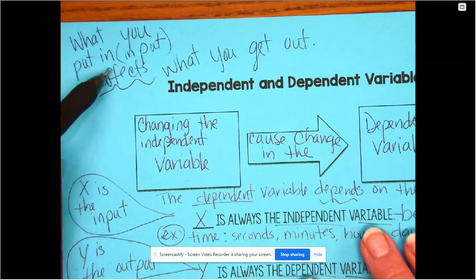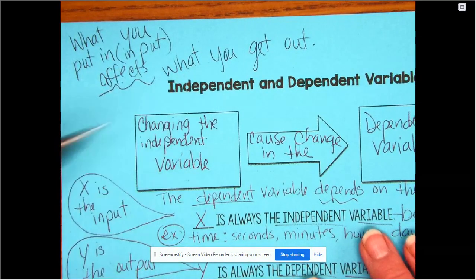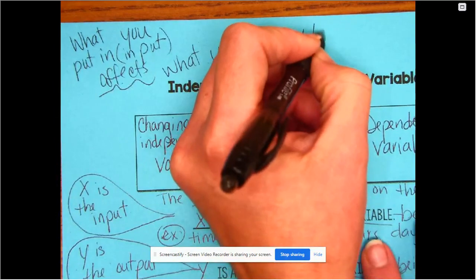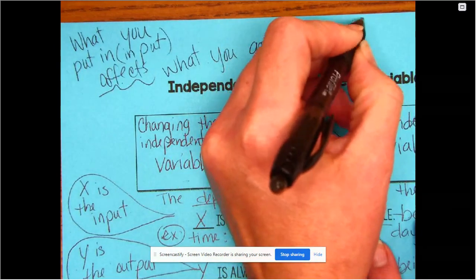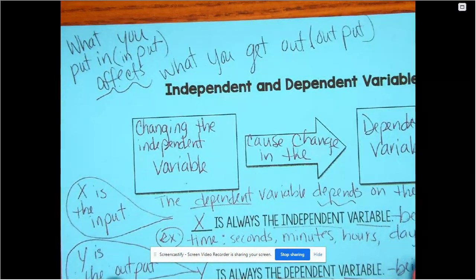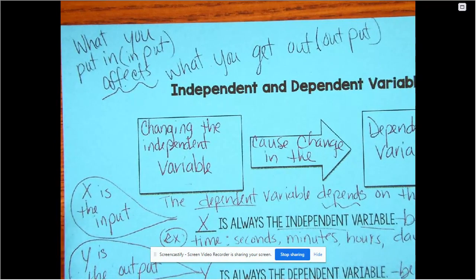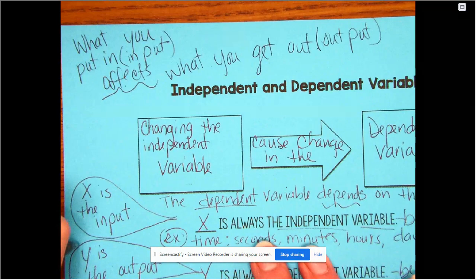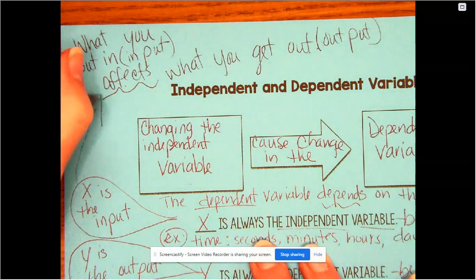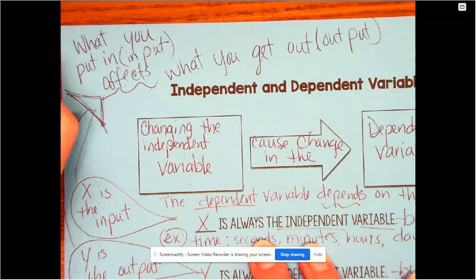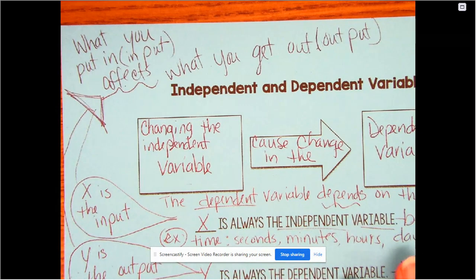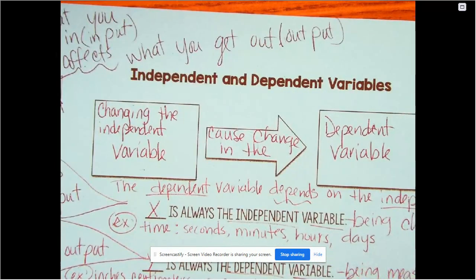So what you put in, the input, affects what you get out, which would also be known as the output. So here's just some different terms, different ways of seeing this. Got our thought bubbles over here that kind of lead into this statement up here. So there's just all kinds of information that you can use towards these independent and dependent variables.